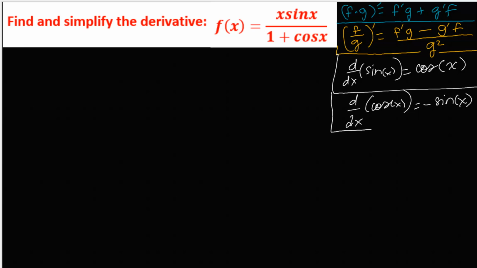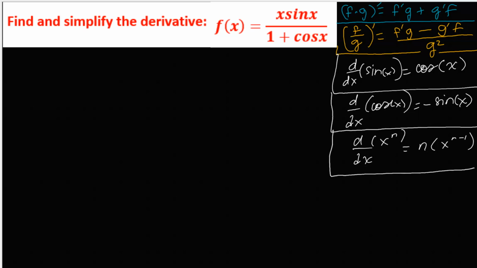Those are the basic derivatives, and also the derivative of x to the n power, which is n times x to the n minus 1. In this case, n is 1. Those are the basic rules and derivatives that you should know in order to do this problem.